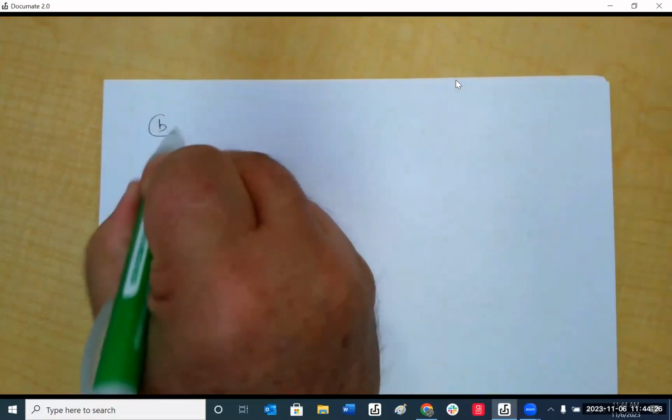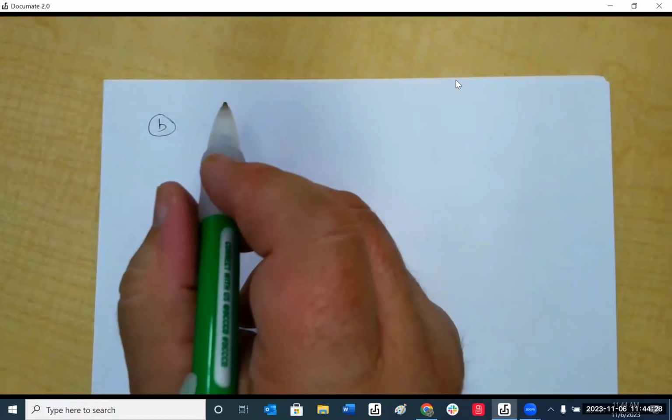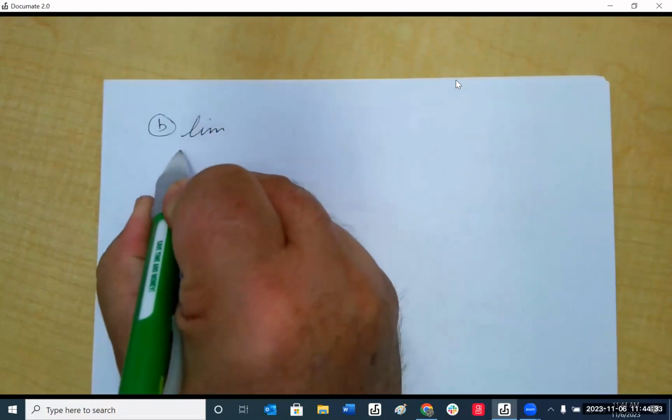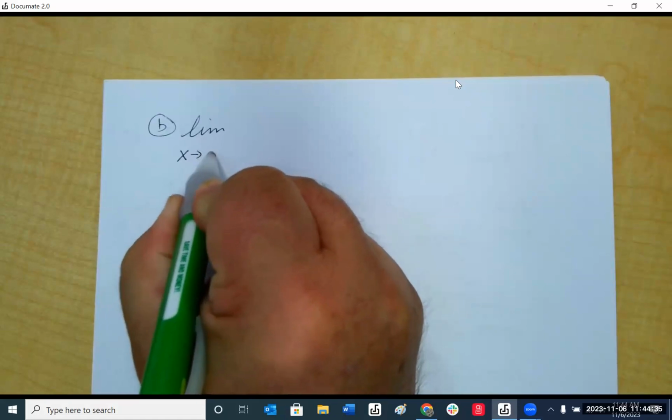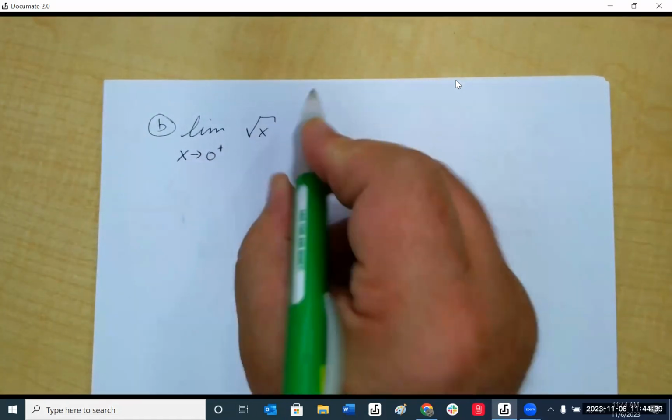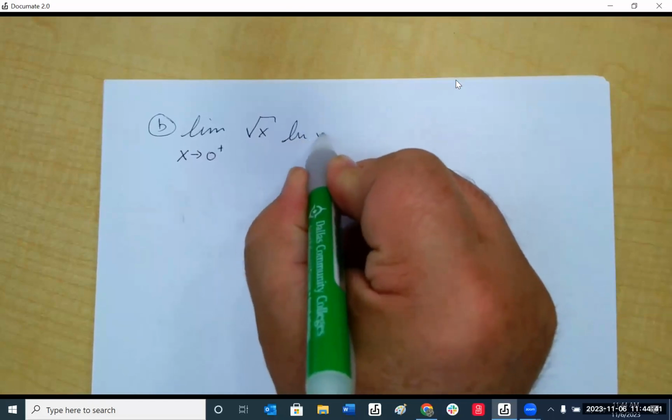Let's look at B. What is 5b? The limit as x approaches 0 from the right of radical x ln x.